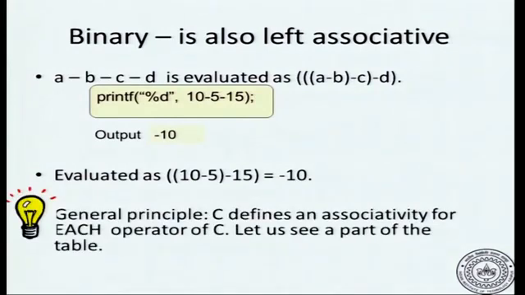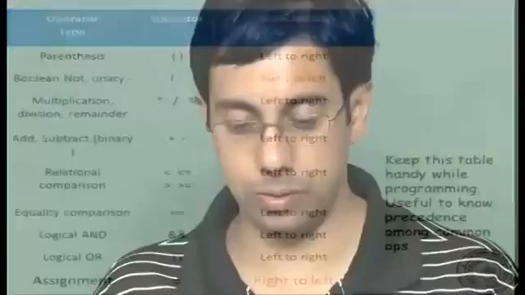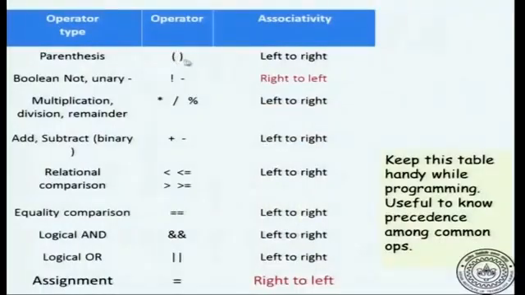In general, for every operator, C defines an associativity. So let us see the table of the associativity of operations in C. There are several operations that we have seen so far: the parenthesis, the Boolean not, the logical not, and the unary minus, the binary multiplication, division, and so on, addition symbol, comparison, less than or equal to, and so on, equality, logical and, logical or, and then the assignment operator.